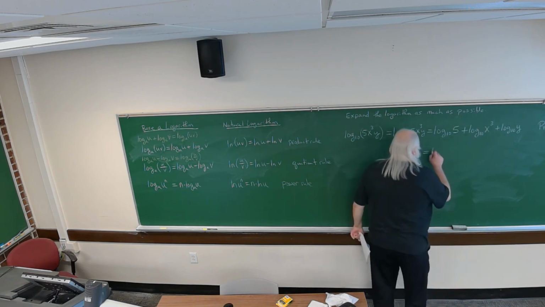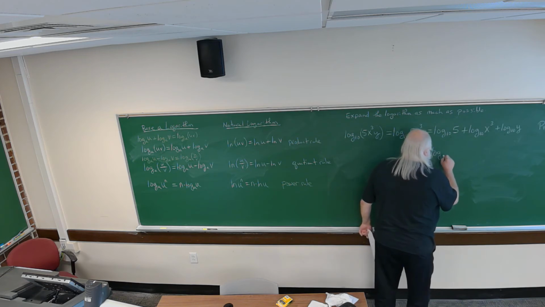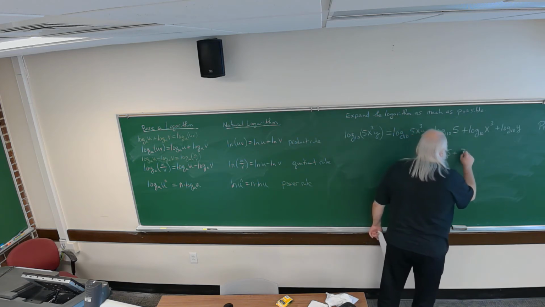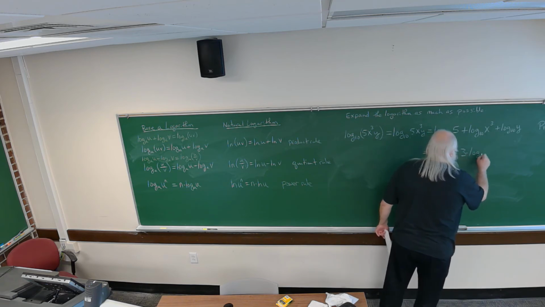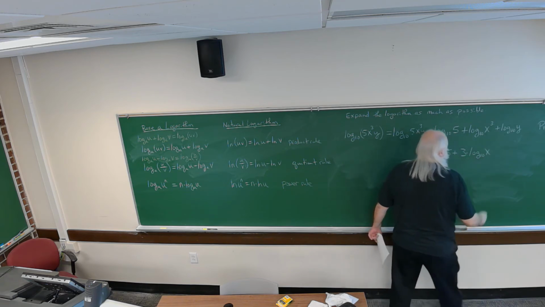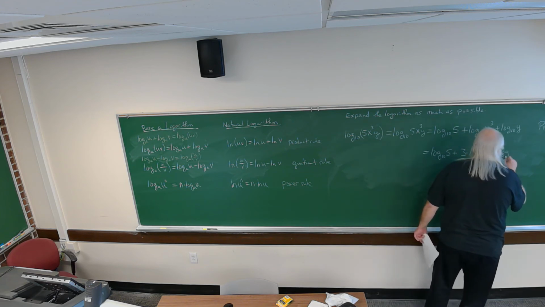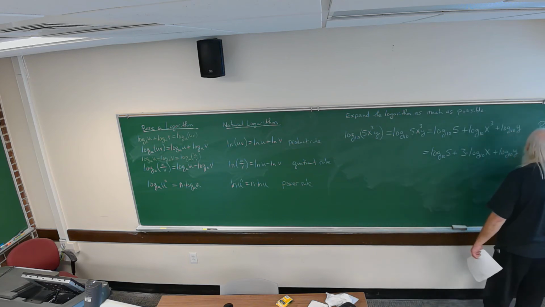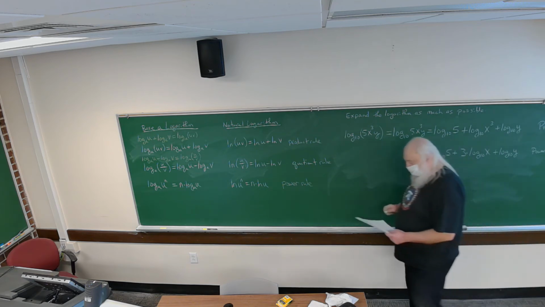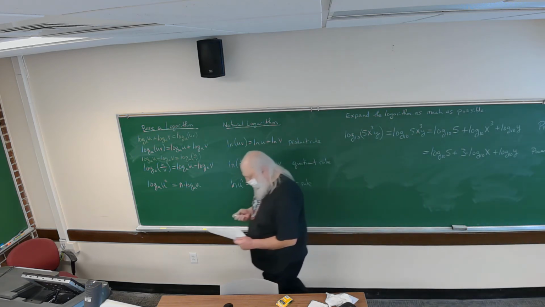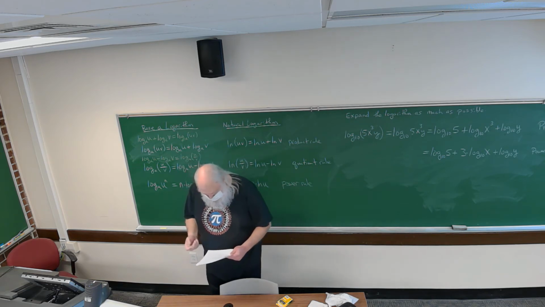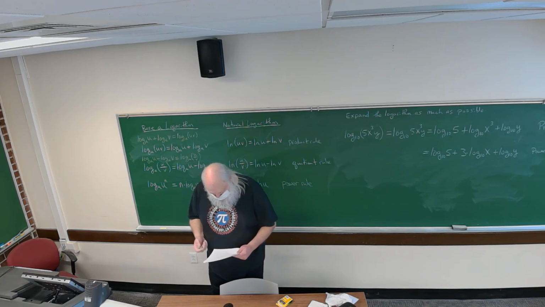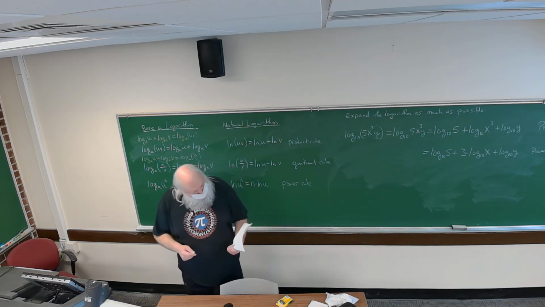So this is equal to log base 10 of 5 plus 3 times log base 10 of x plus log base 10 of y by the power rule. Okay? Any questions on that?